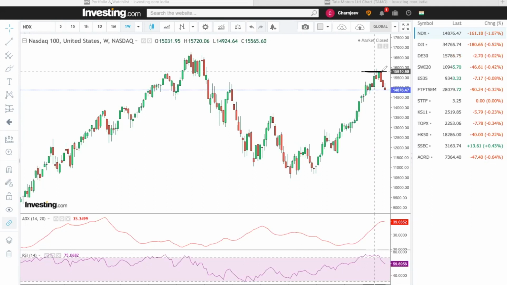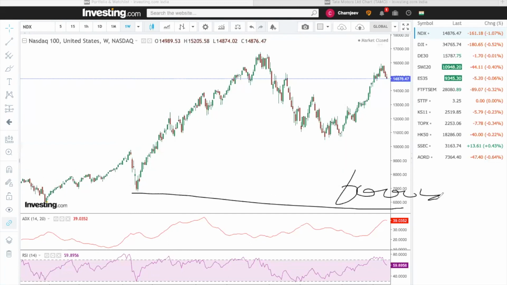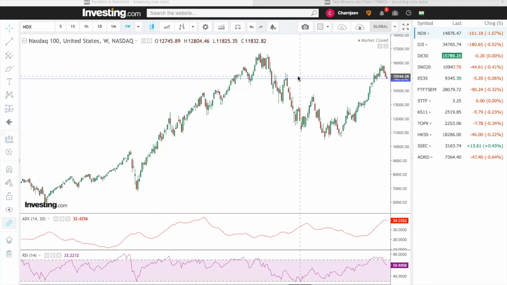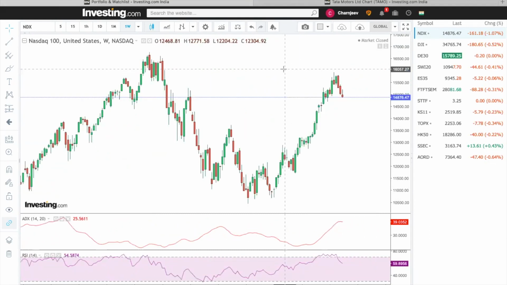If we talk about a 60% correction from here on, then it will correct towards the level of 6,000, and that is here. That is the previous 2020 low, 6,000. So we can expect the NASDAQ around those levels, although it may come in between 4 to 5 years. But these are the possibilities we have to think about.